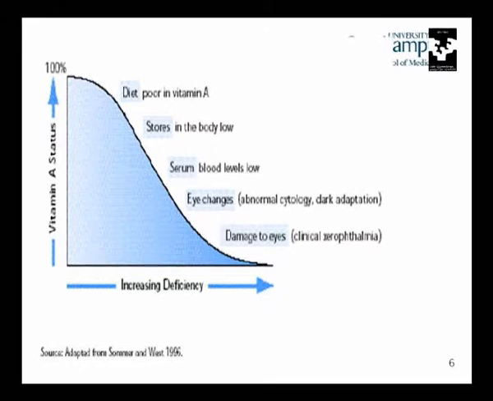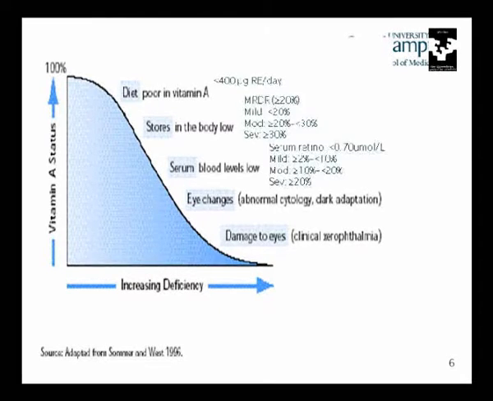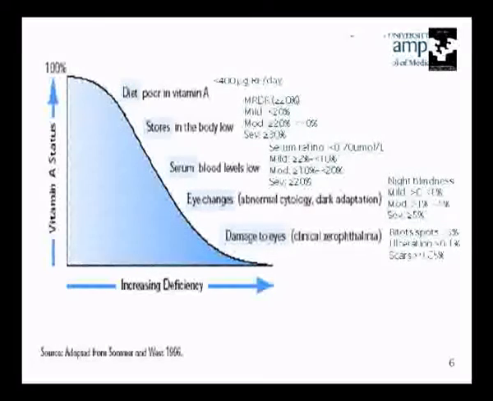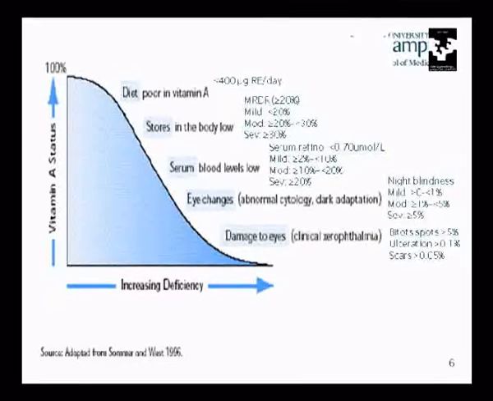You then get changes in the eye cytology, dark adaptation. That's the sign of clinical deficiency. And then you get damage to the eyes. And for each of those, we do have cutoff points to define the risk of having that. And those cutoff points are specifically for preschool children.